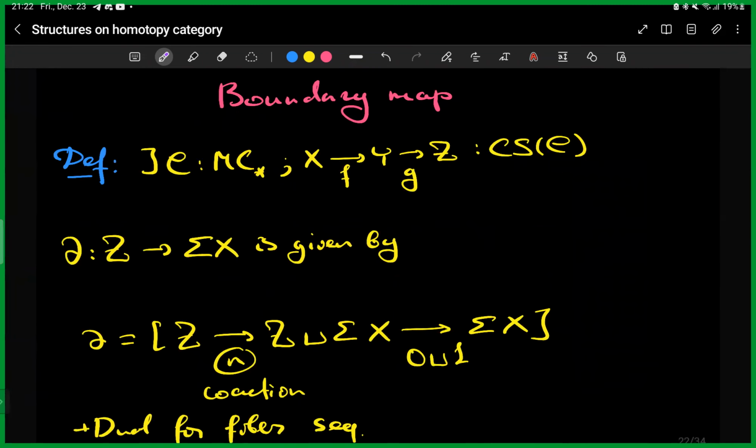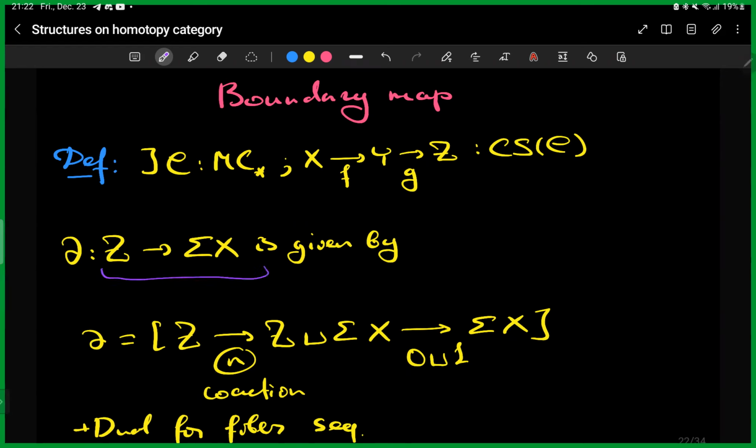Okay. But before that, let's discuss another absolutely classical construction from homotopy theory, that is our boundary map. We of course know the construction of the long exact sequence of a fibration or the long exact sequence of a cofibration, which is usually called the long exact sequence of a pair. And this all actually comes from the notion of these fiber and cofiber sequences in homotopy categories. So in fact, we have this map from Z to sigma X, which is defined like this.